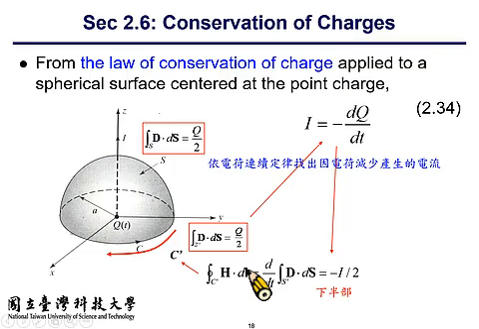So if you do a closed loop integral of the magnetic field intensity H on C prime, it shall be equivalent to what? Equivalent to the actual current I plus the displacement current, like this term.